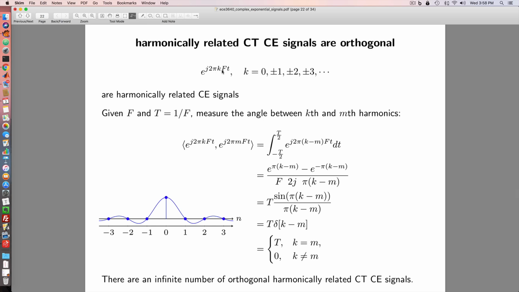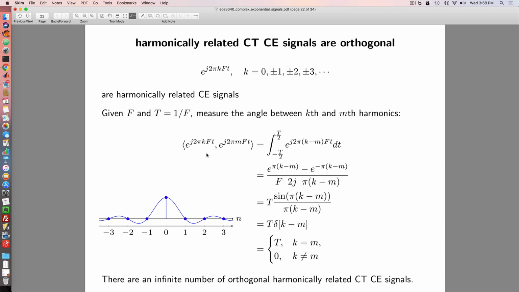Well, if you define a base frequency f, the harmonics of that are going to be k times f, where k are the integers. And you could talk about the fundamental frequency and the first harmonic and so on. So we could go back through all of that. But essentially, these signals are all harmonically related because their frequencies are all related to a base frequency by an integer multiple. And what does it mean to be orthogonal?